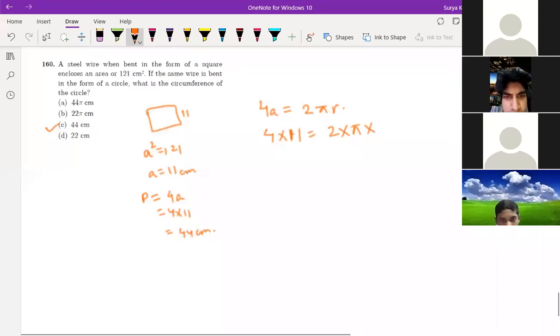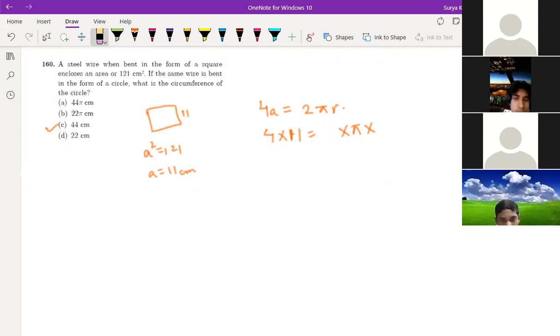So why are you doing this? What is the circumference of the circle they're asking? So 44 directly came now. That's the answer, so this is not required. So I'm also getting 44, sir. So the perimeter of a square is nothing but the perimeter of the circle. So this was a very easy question, no?